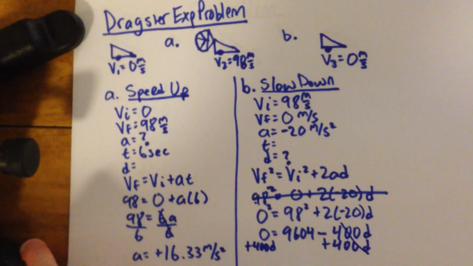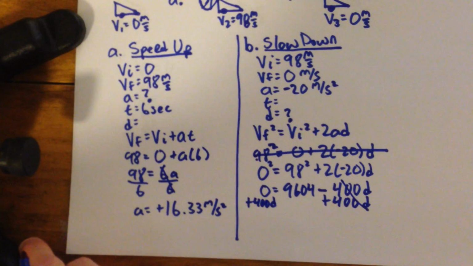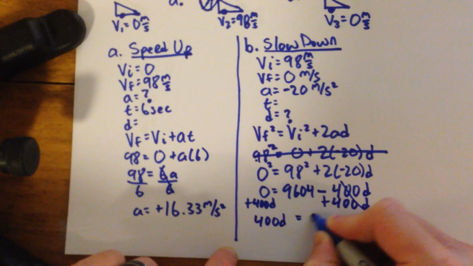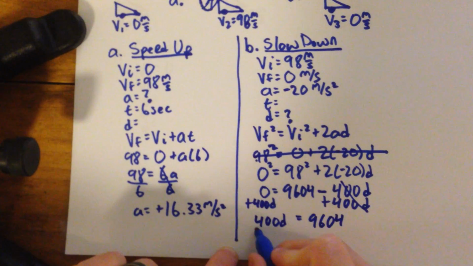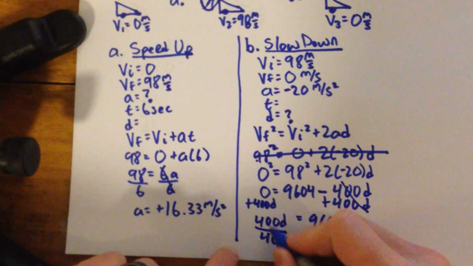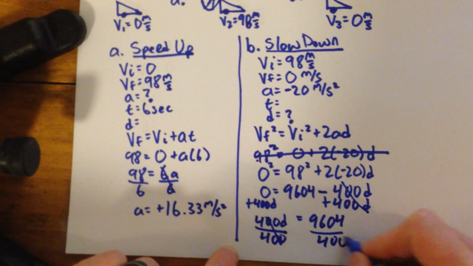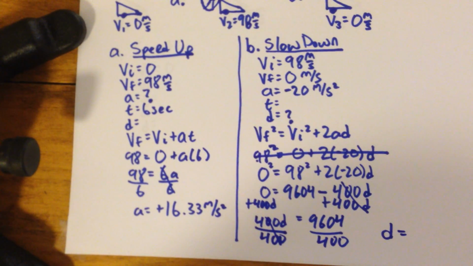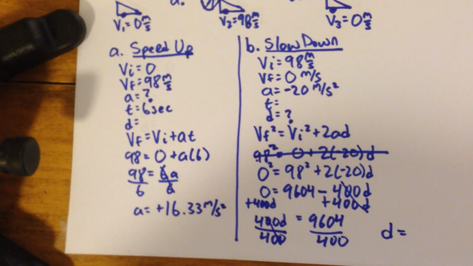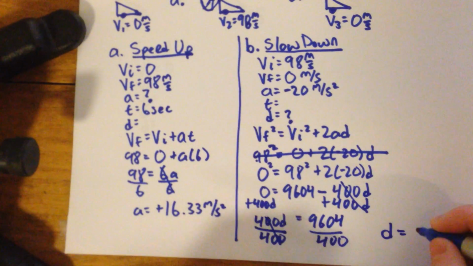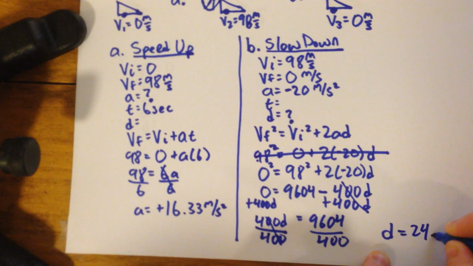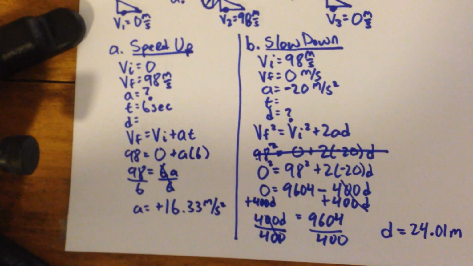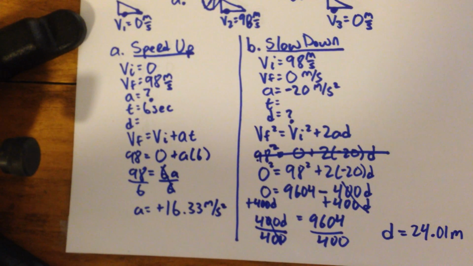So we get 400d equals 9604, and you're going to be good to solve at this point. Divide both sides by 400, and your distance is equal to 9604 divided by 400. You're going to get a 24.01 meter strip is needed to bring that car to a rest.